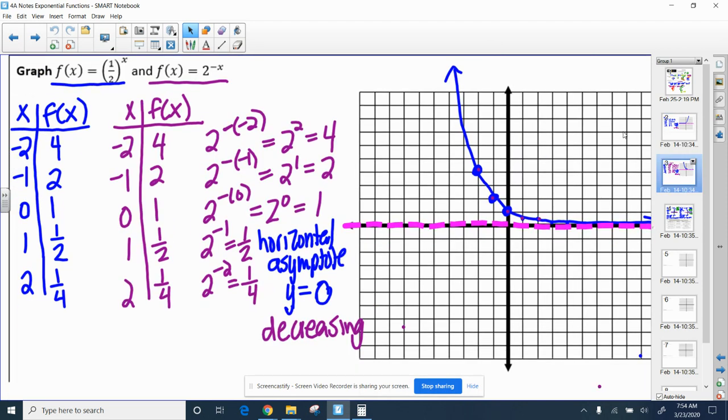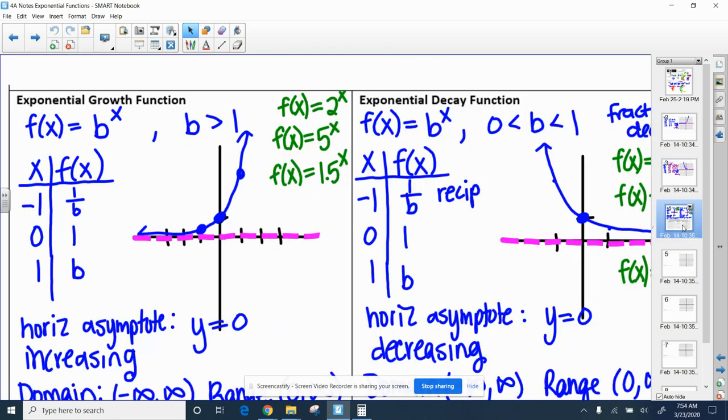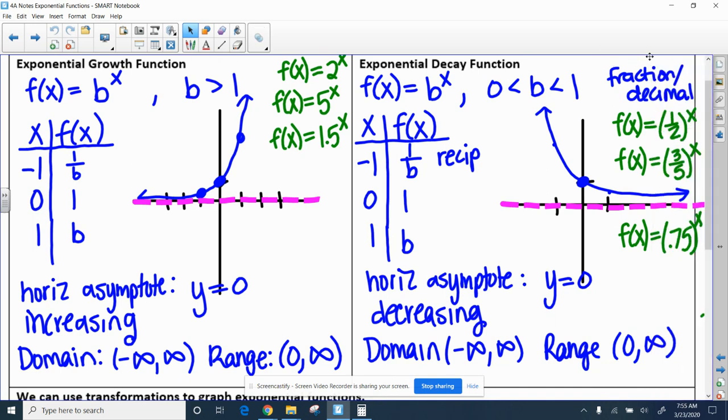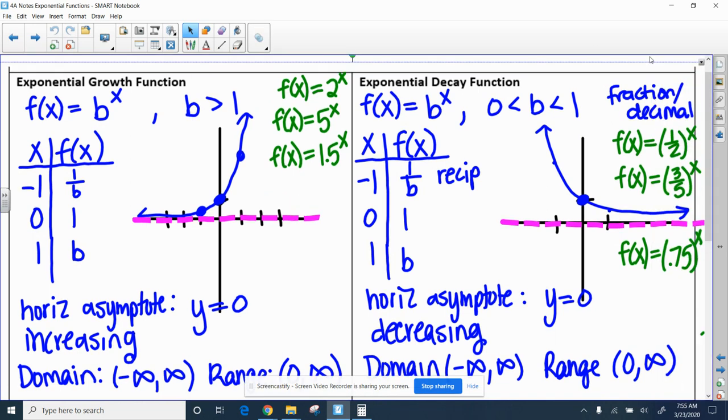We looked at this graph, which was f of x equals 1/2 to the x power, and that was a decreasing function, and that allowed us to sum up what exponential growth and exponential decay looks like. And so today we are going to be graphing exponential growth and decay using transformations.